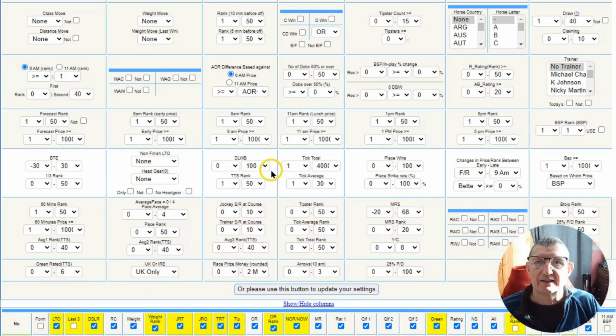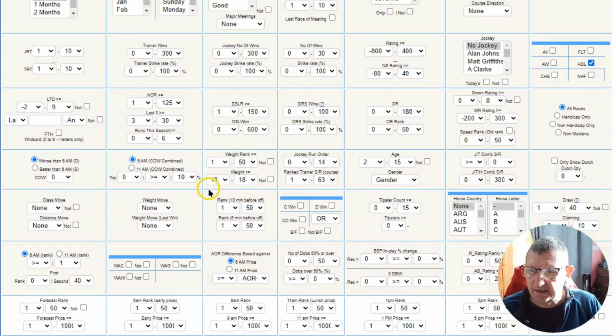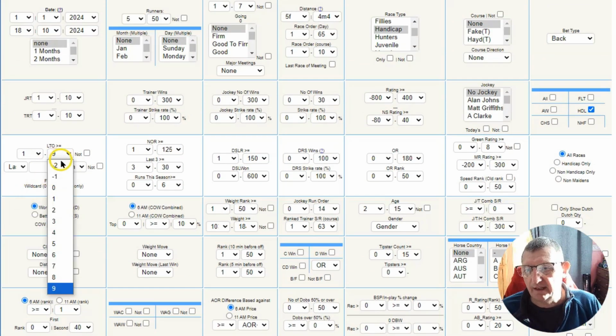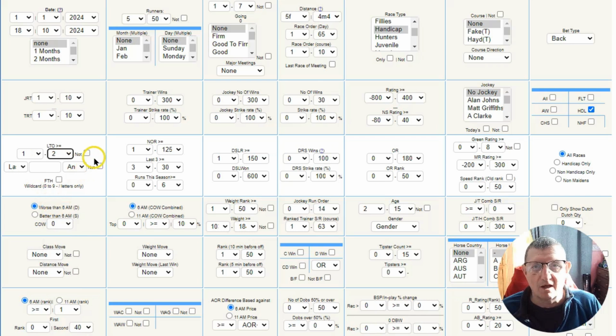One thing about favourites is that these are BSP favourites, and sometimes you've got to be right close to the race to be able to work out what the favourite is. So there's not many selections a day with this system, so it shouldn't be a major problem. We're going to select UK only, and the last part of this system, first to second last time out.